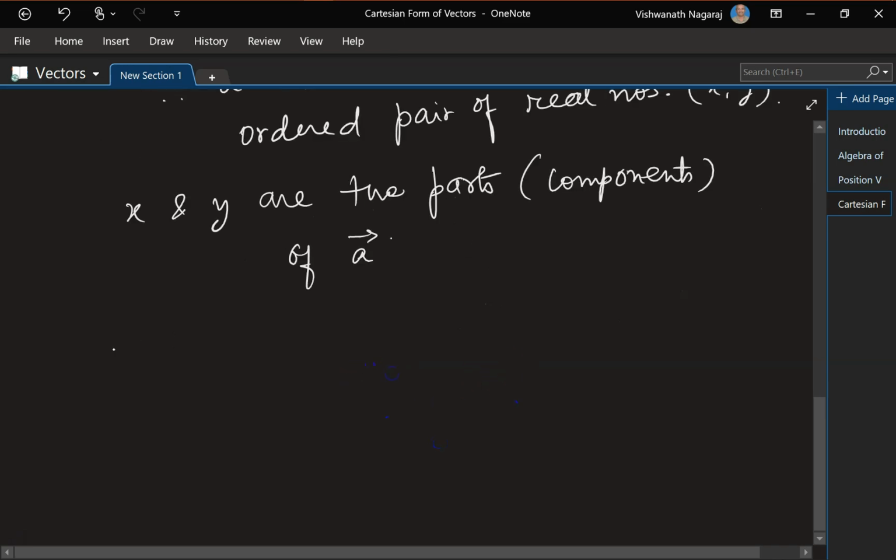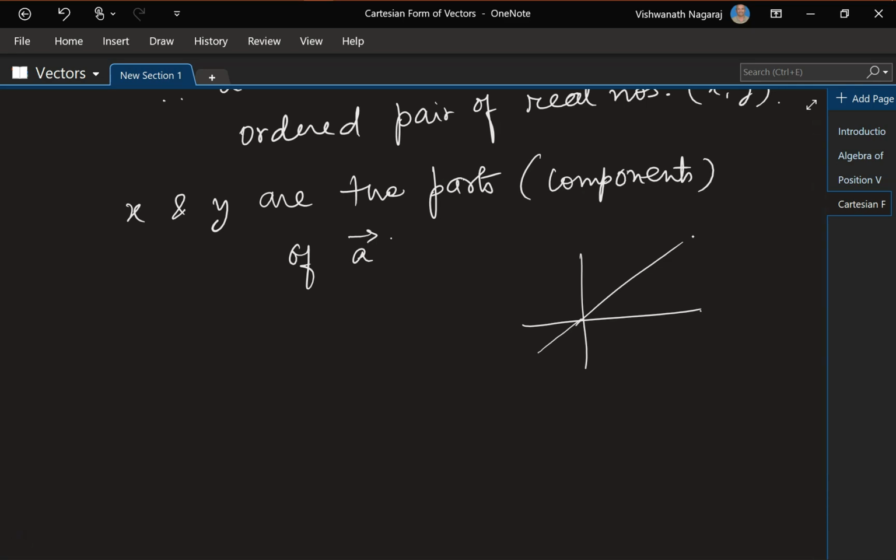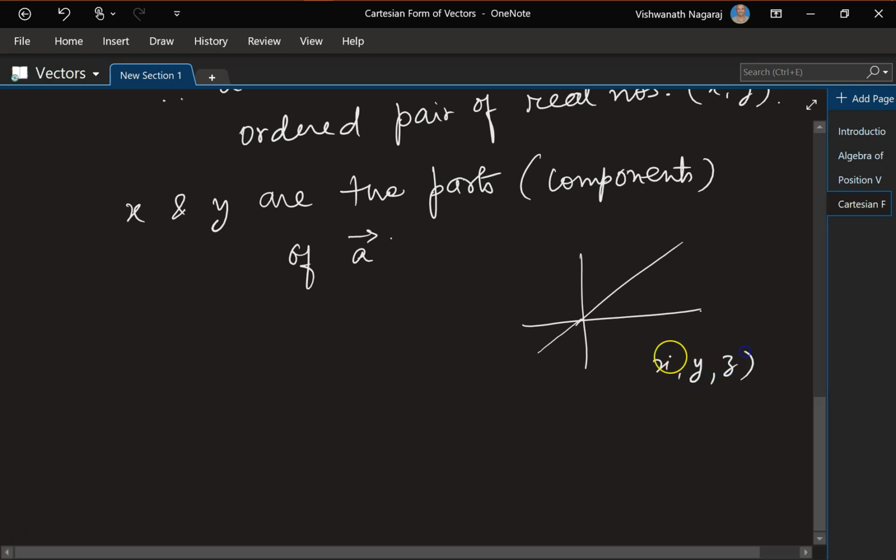So A. Now remember, we were talking only of normal x and y, but if there are 3 dimensions instead of 2 dimensions, we have a third dimension as well. Then we would have 3 components, x, y, and z. We would require 3 numbers to reach a particular point.